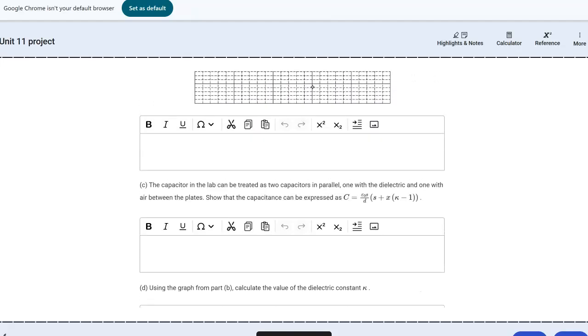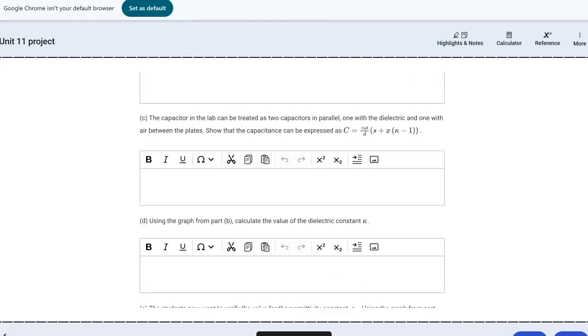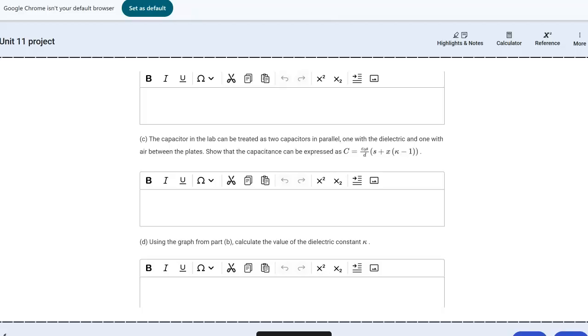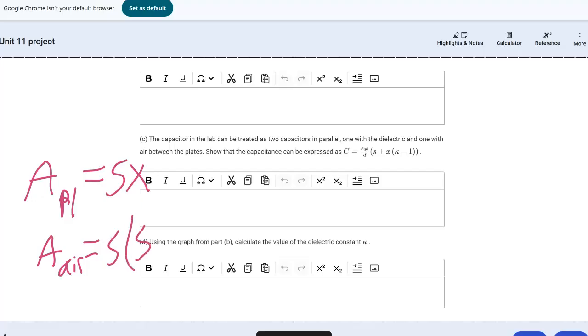So it would be our area of plastic, that's going to be, let's call it S x. And then our area of air, that's going to be S minus x.